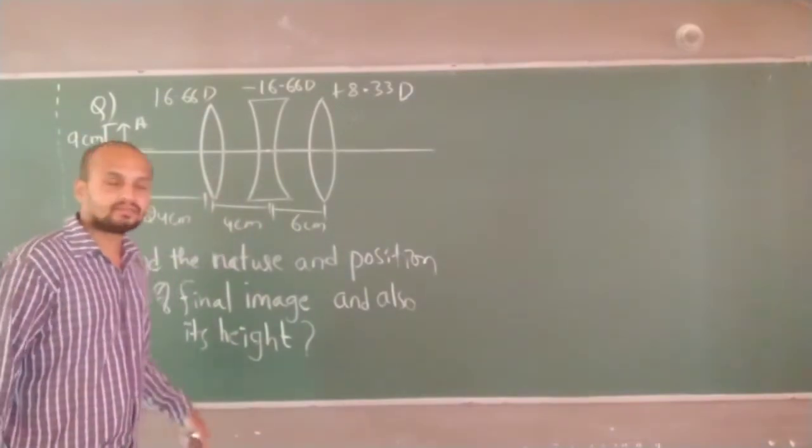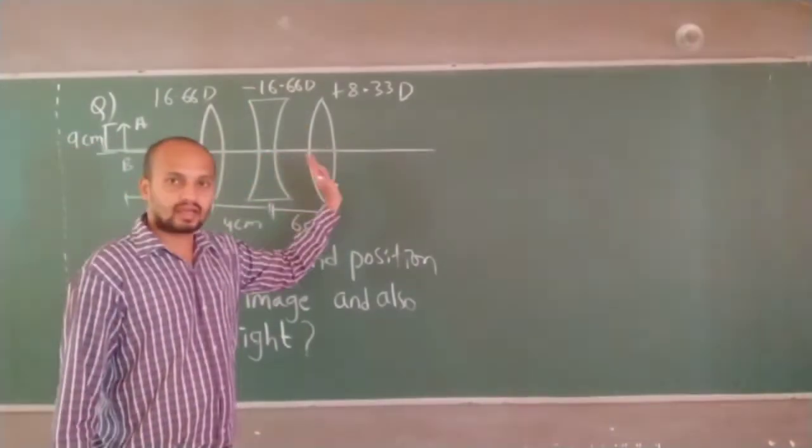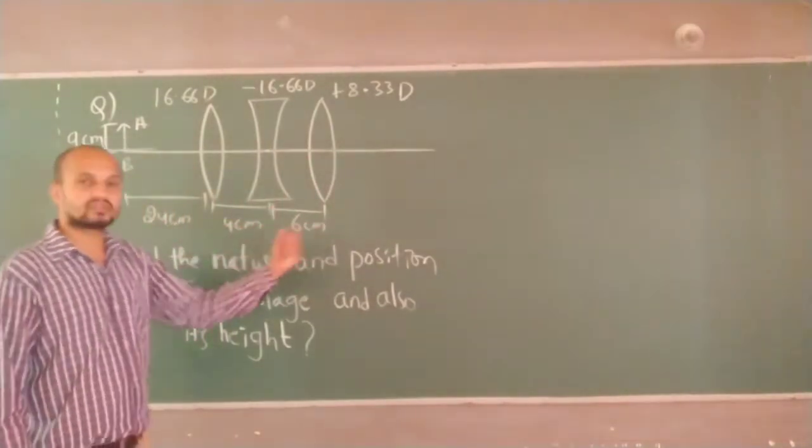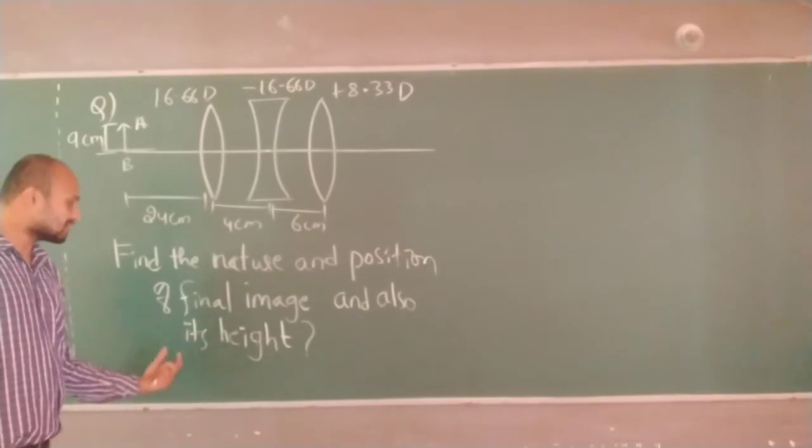One problem is that 3 lenses are combined. They are kept like this with certain distances. Find the position and nature of the final image and also its height.